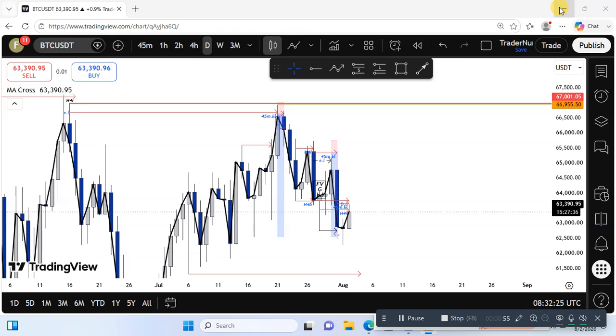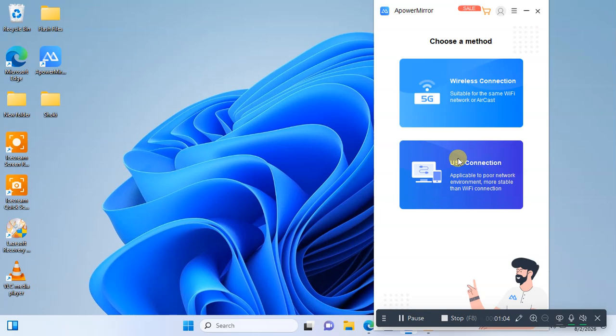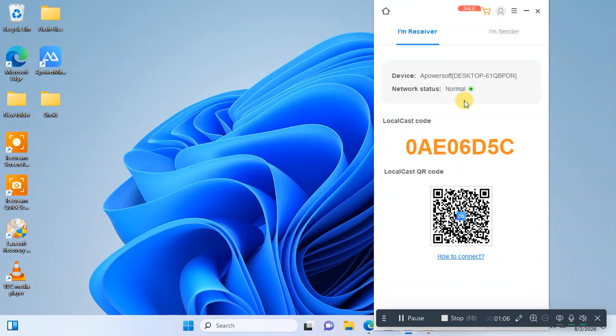So I'm going to switch to my phone to show you the analysis of what I talked about. Let's switch to my phone. Let's scan this.